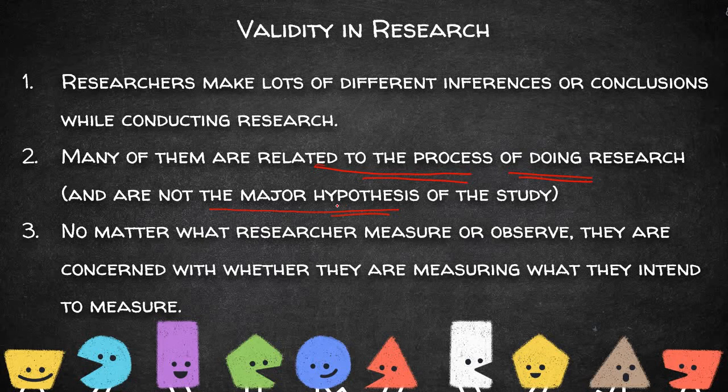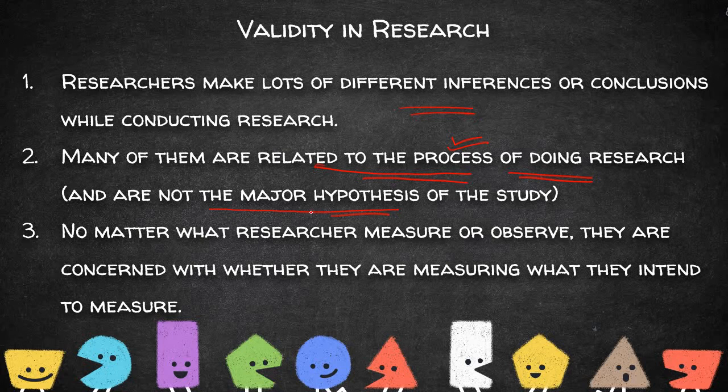But understand, in order to prove or disprove any study or relationship, you first have to ensure that you are traveling the right path. That has to do with the process of doing research correctly. So many times a lot of assumptions and inferences are available which the researcher subscribes to, but they are not the major hypothesis of the study.